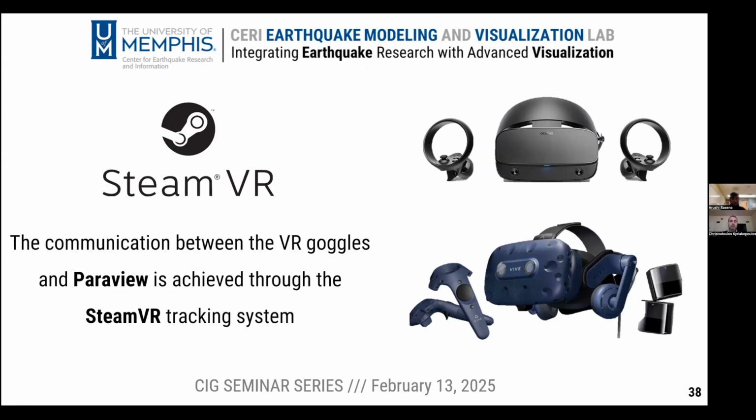When this is done, it's relatively easy and straightforward to use ParaView as a VR platform. We have installed it on many computers and never had major issues. So what I'm trying to say is that combining ParaView with SteamVR and pretty much any goggle system is something that can be achieved relatively easily.